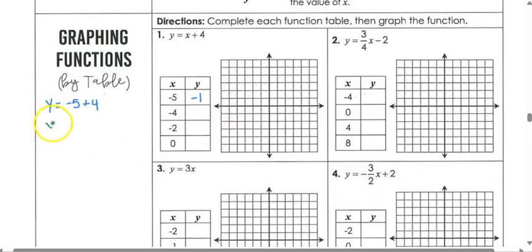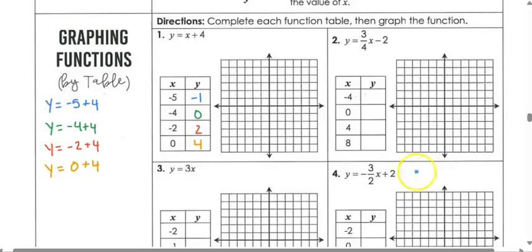Then y equals -4 plus 4, which is 0. y equals -2 plus 4, which would be 2, and y equals 0 plus 4, which would give me 4.